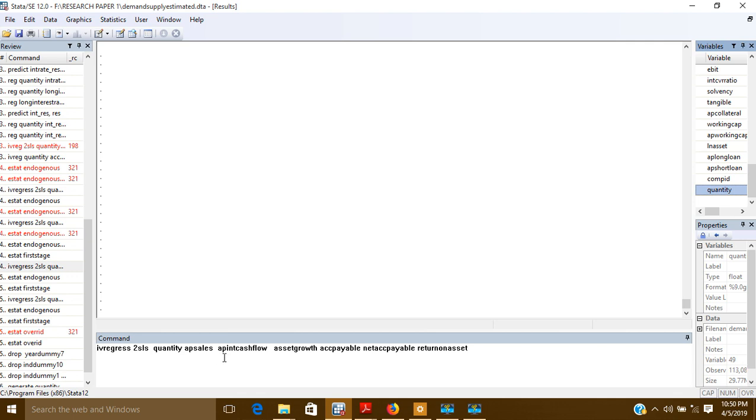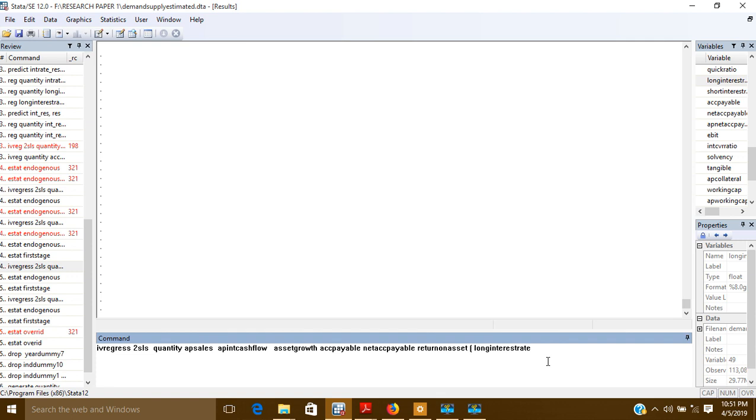So quantity is dependent upon these exogenous variables, and now in the bracket I will write the endogenous variable, and the endogenous variable I have taken is the interest rate. These are the names of the variables I have given.